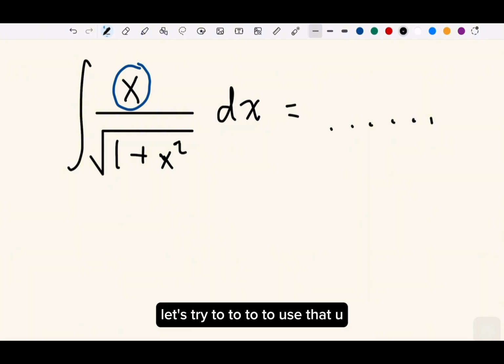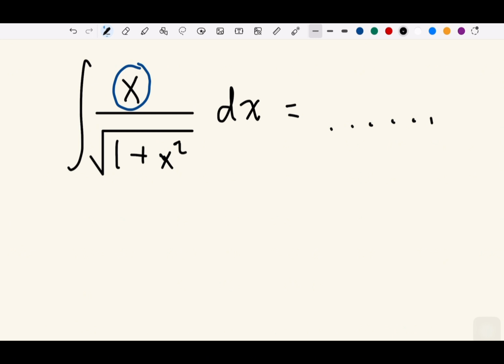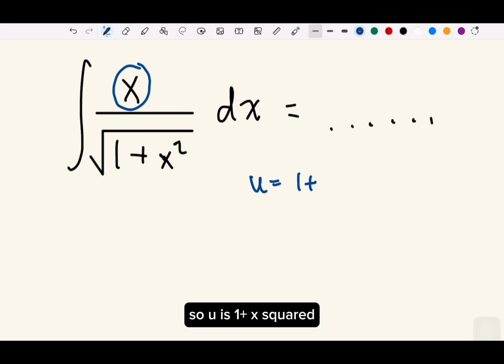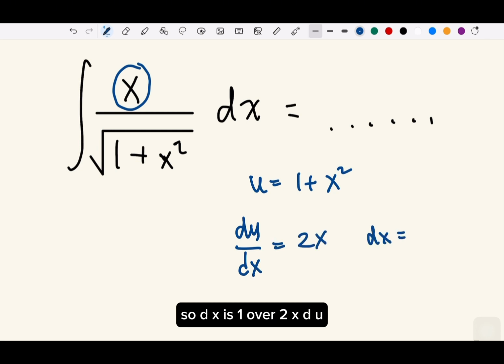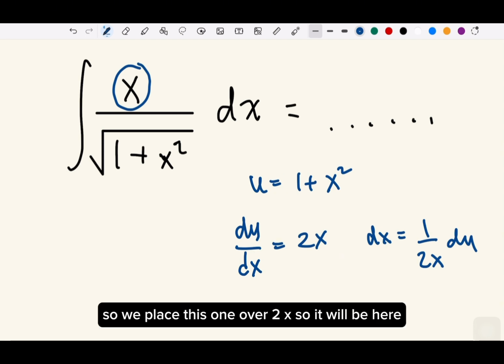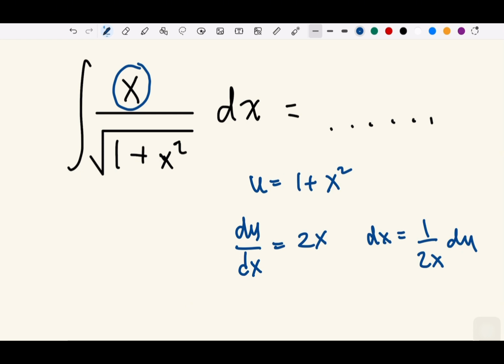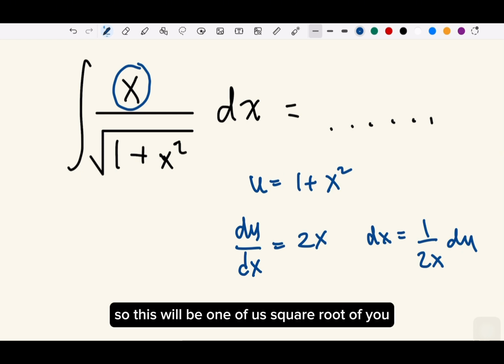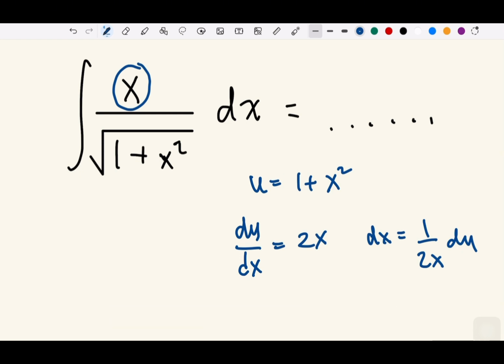So let's try to use that u. u is 1 plus x squared. So du dx is 2x, so dx is 1 over 2x du. When we place this 1 over 2x here, x will be gone. So this will be 1 over square root of u, which we can integrate easily.